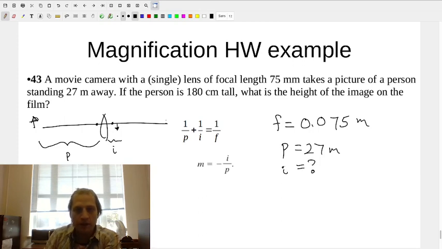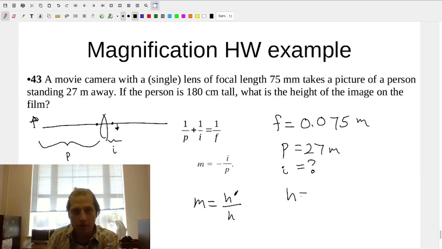Okay. Now, it asks, if the person is 180 centimeters tall, what is the height of the image on the film? Once you find that I, you can find the magnification, and the magnification is just the height of the image over the height of the person.